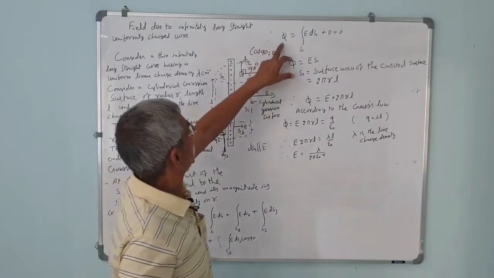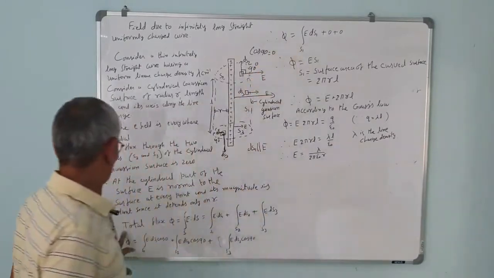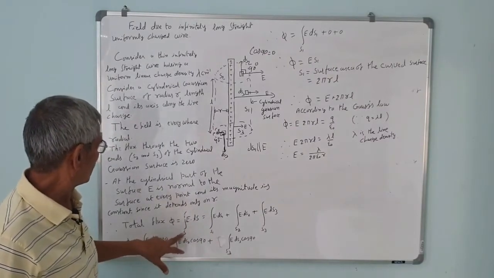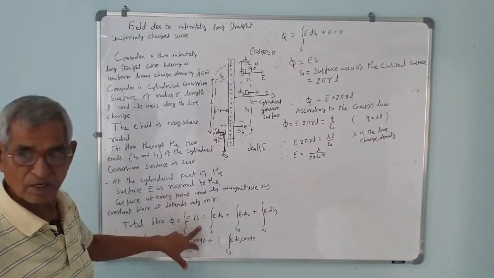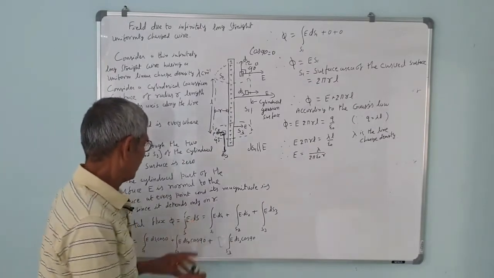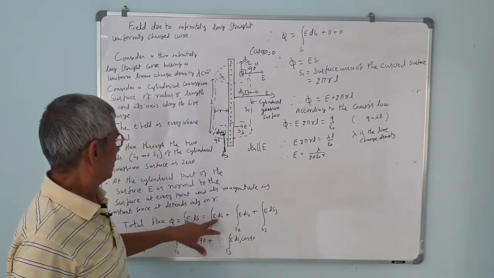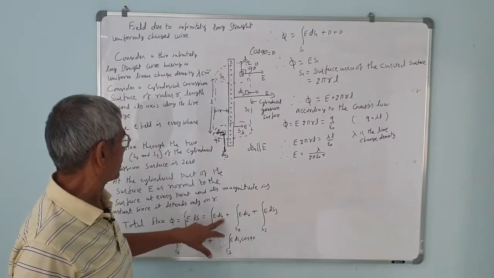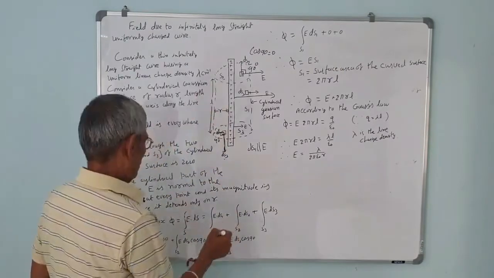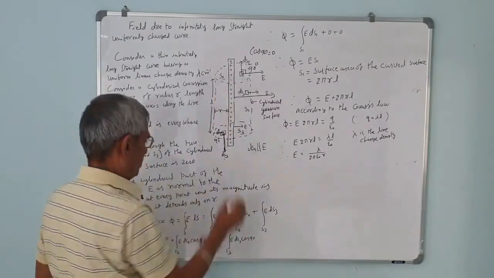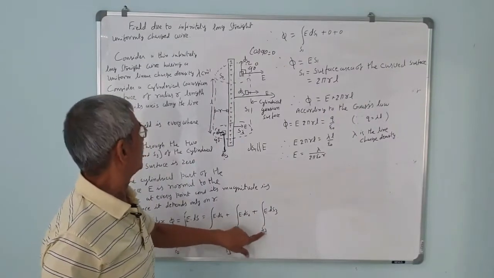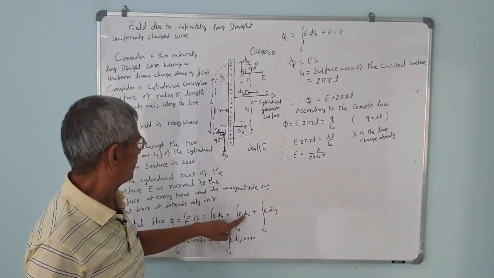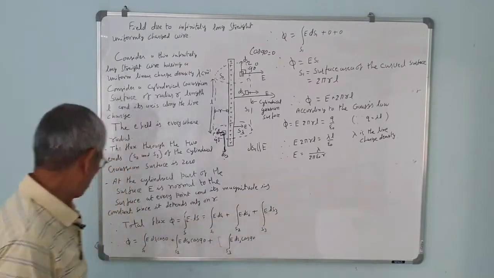So ds1 is parallel to E, and that will contribute. Let us calculate. The total flux phi is equal to the integral over the total surface S of E dot ds, and that is equal to the flux over the surface S1, E ds1, plus over S2, E ds2, plus over S3, E ds3.